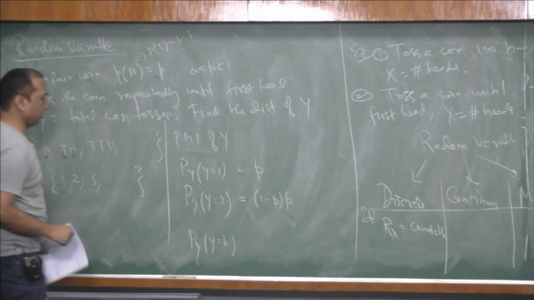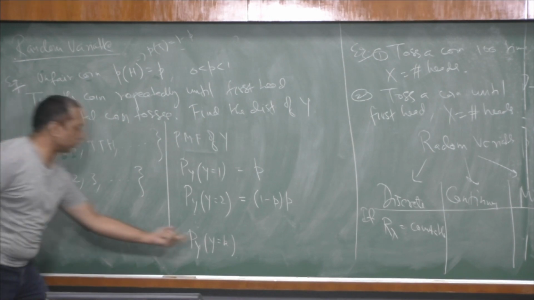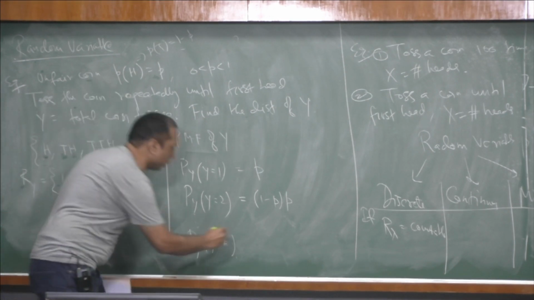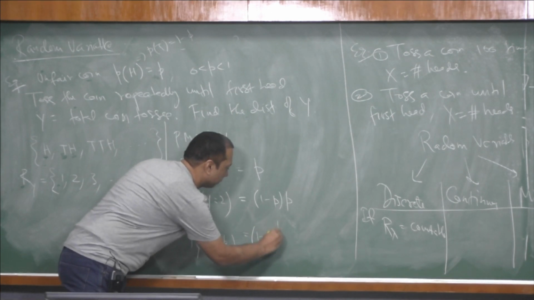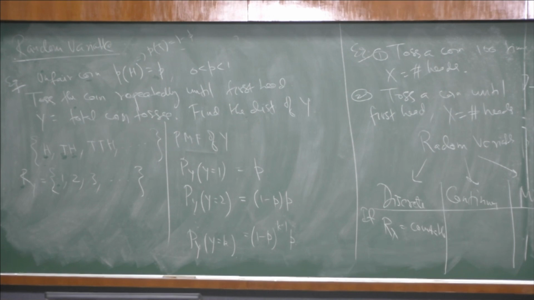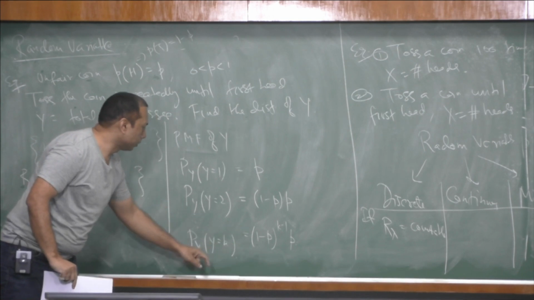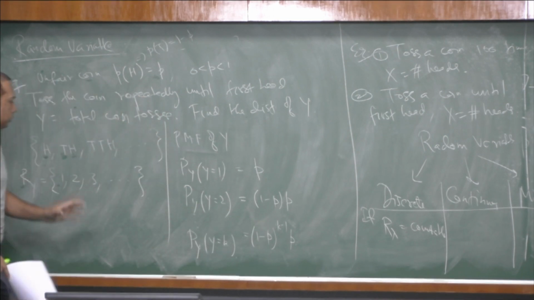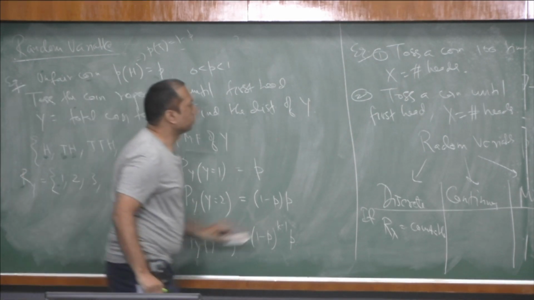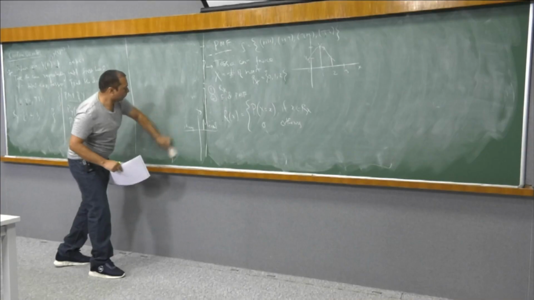Similarly, we can see the pattern that for k, it is (1 minus p) to the power k minus 1, times p. This is the PMF. Now we can make k a variable, put a y here, and it will look like a function.